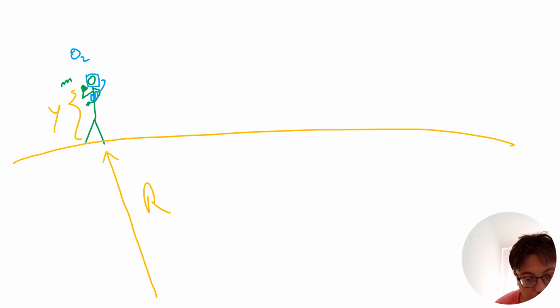Because what I want to study is what happens when the guy throws the ball with rotation. So you just rotate the body and let the ball or the stone go. So this will happen.